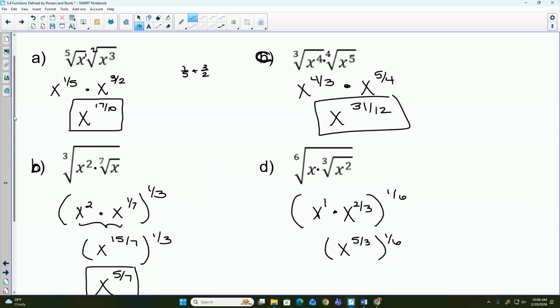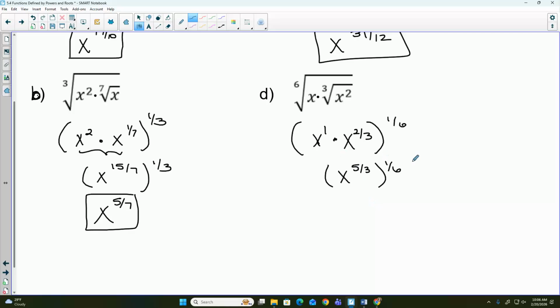So if you have x to the 5/3 to the 1/6, then what do we do with the exponents? So you should get x to the 5 over 18 power. All right, are we okay with simplifying those? Good. Any questions?